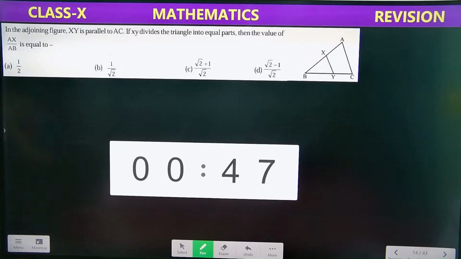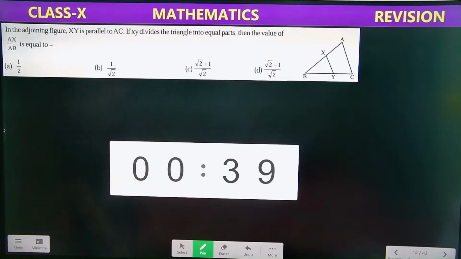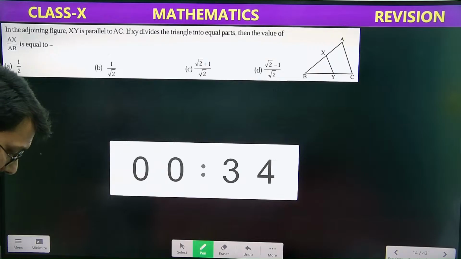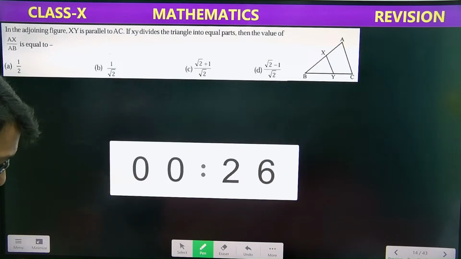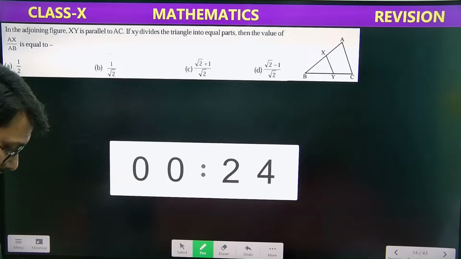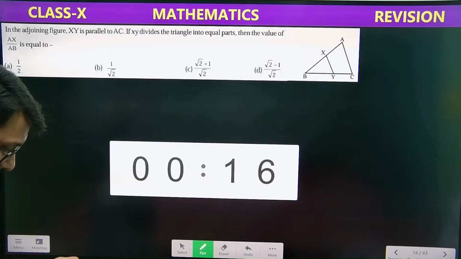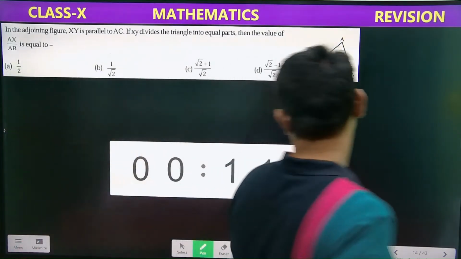Very good, very good. Those who have solved, clap for yourself. Your time already started for this question, बच्चों. Solve कर दो फटाफट. Very good. चलो बच्चों सॉल्व करो फटाफट.